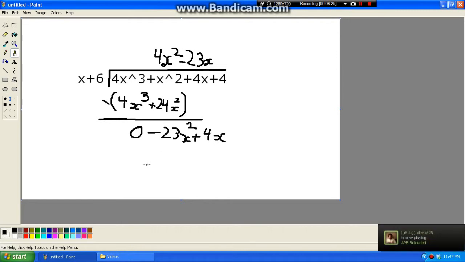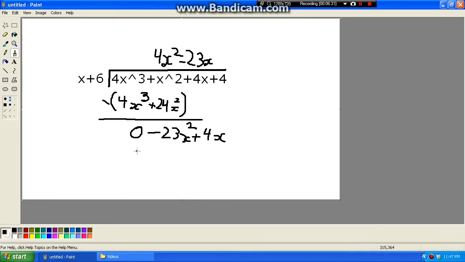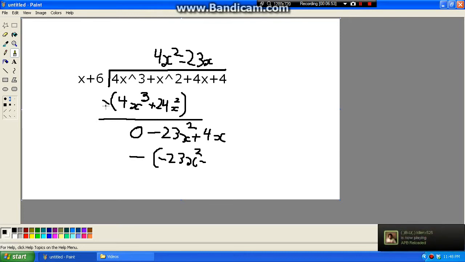Negative 23x times x is equal to, we have to take the negative of everything. So negative becomes minus negative 23x squared, and also minus 23 times 6, which is 6, 12, 18 plus 6, 12. So 120 plus 18 would be 138.